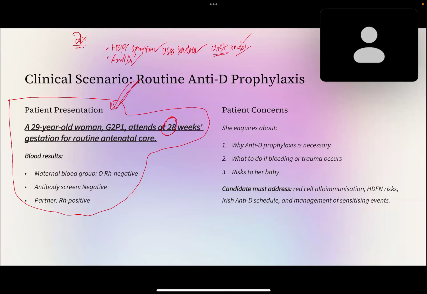And if she has MCA PSV more than 1.5 and she is less than 34 weeks, then the fetal-maternal unit consultants decide on fetal blood sampling and intrauterine transfusion. However, if the patient is more than 34 weeks with more than 1.5 MCA PSV, then we would have to deliver her.